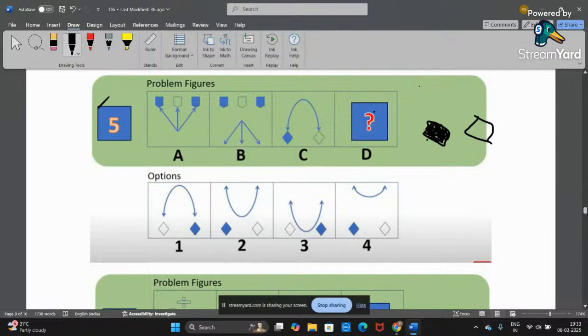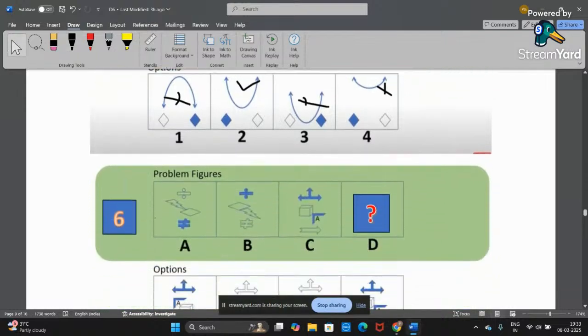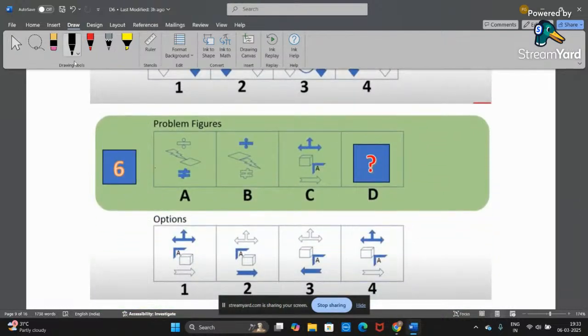So the next should be the direction, the curve should be upwards, right? Yes. Is that the answer? No, this is wrong. This is the answer. Yeah, this is correct. Let's check with the other two options. This is wrong. This is wrong. And the second one is the correct option. Now let's move on to the next one.